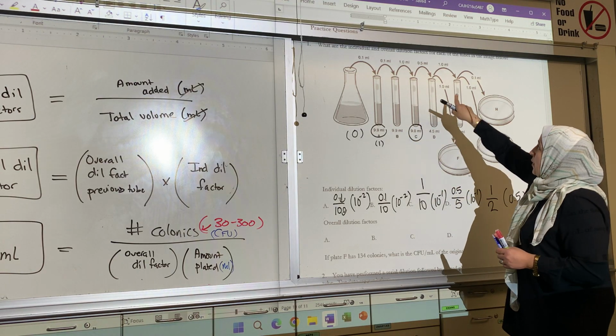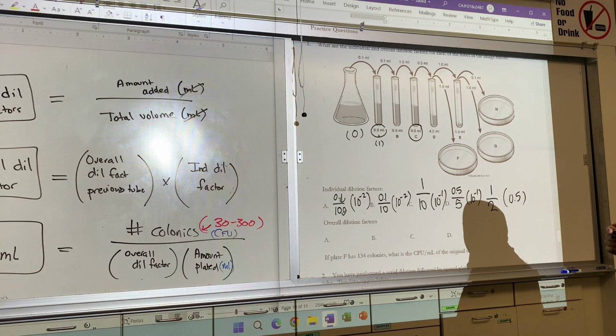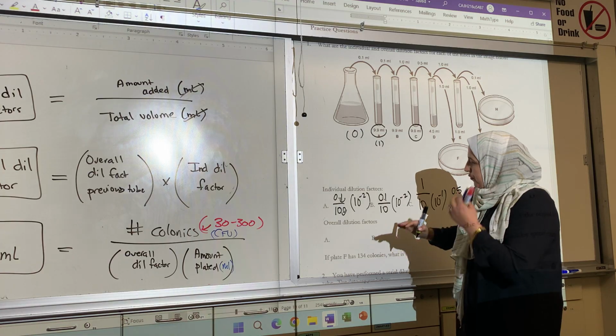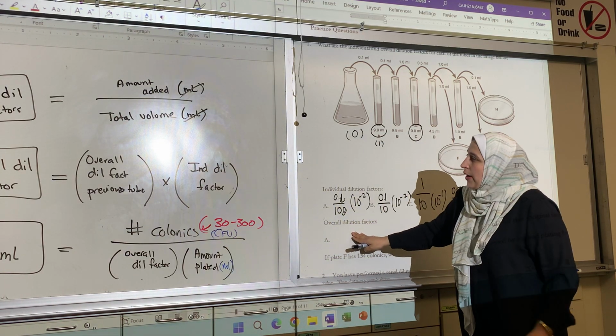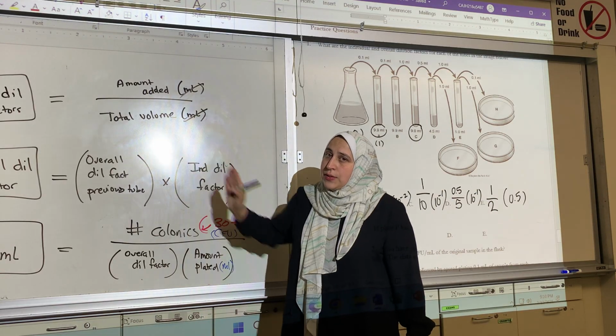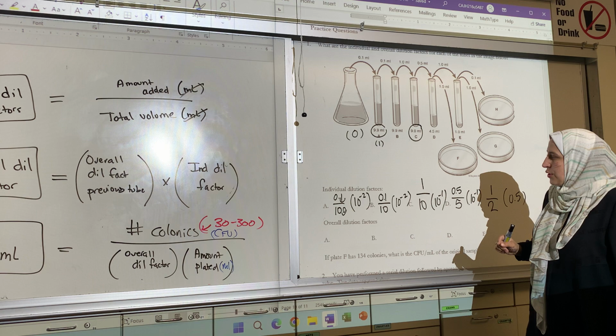Because you're continuously diluting this liquid over the series, okay? And so we'll do this second equation here for the overall dilution factor, where we take the previous overall dilution factor and multiply it by the new individual dilution factor.